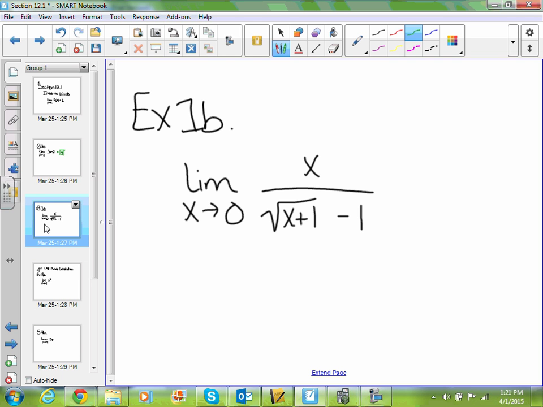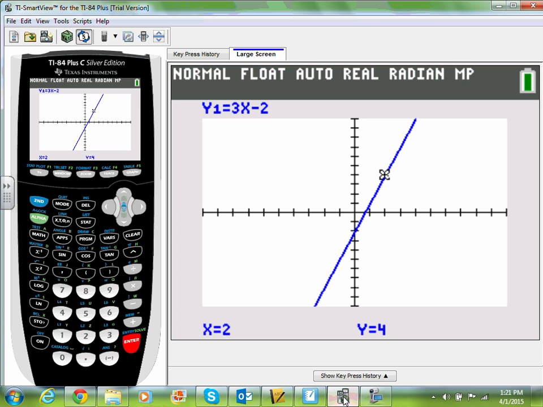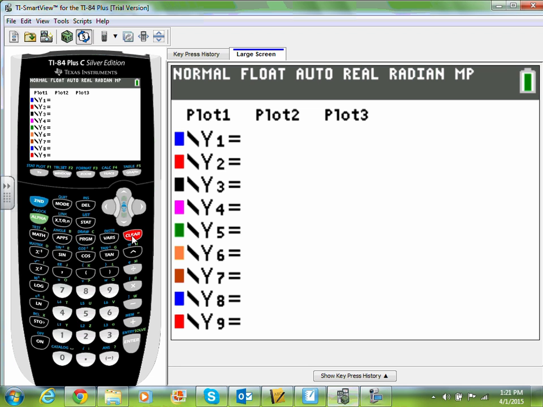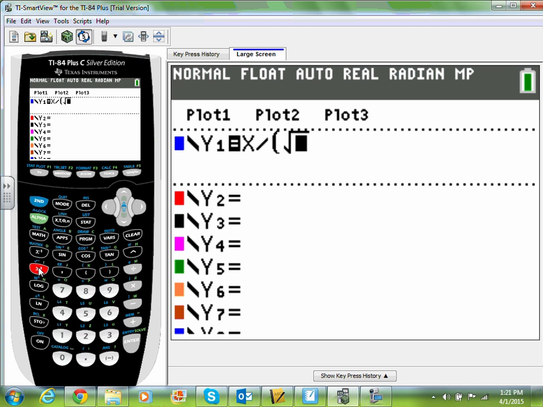And make sure you put everything in the denominator in parentheses, otherwise your graph won't come out right.